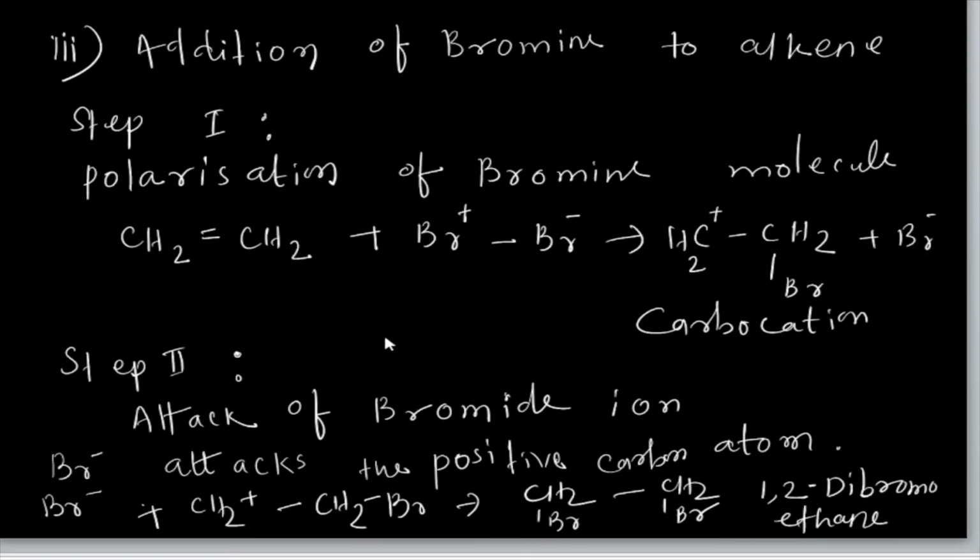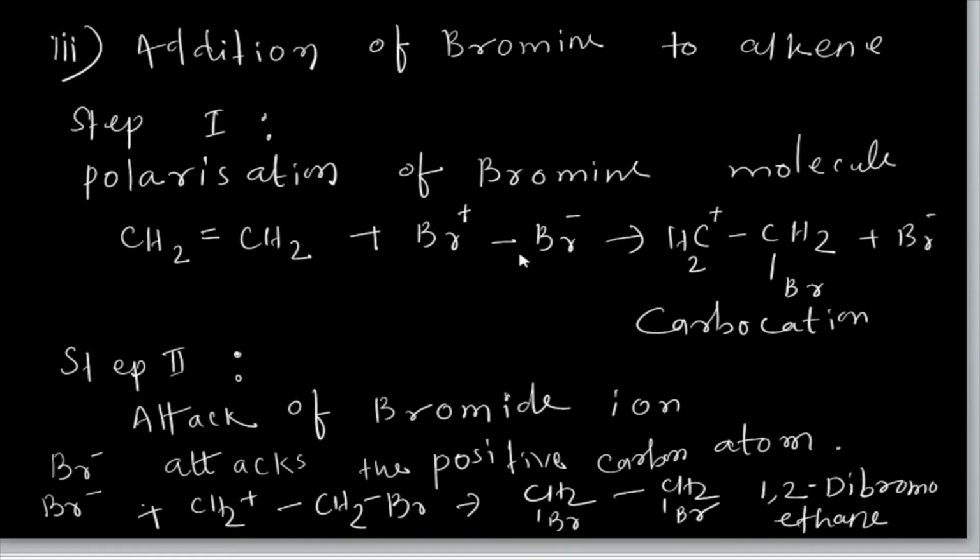Then similarly, addition of bromine to alkene is also very simple, with polarization of the bromine molecule. Here what happened? Br2 is a homogeneous molecule. This bromine molecule acts as one side positive, other side negative, because both are the same bromine.